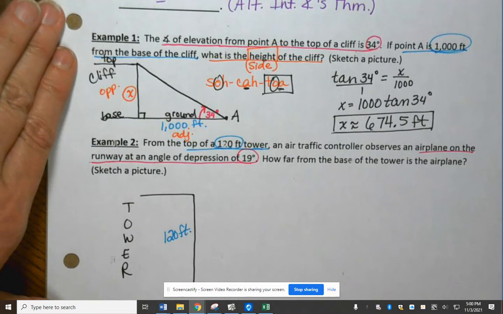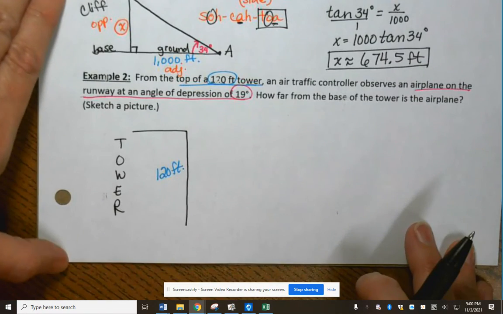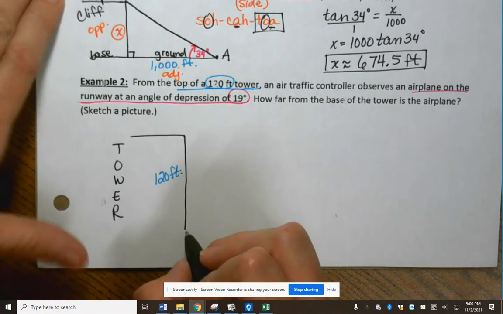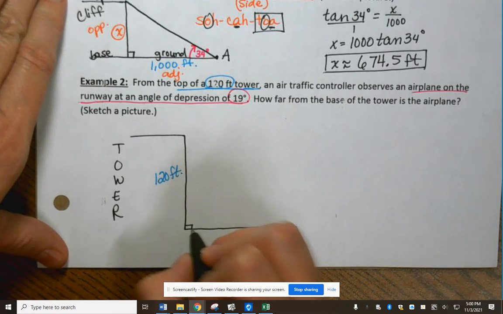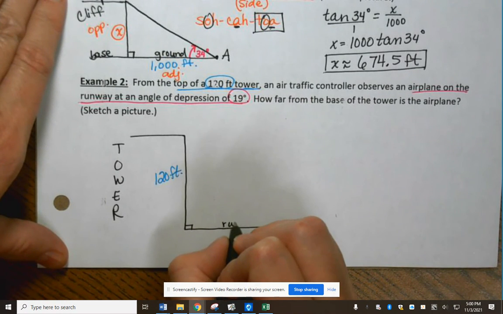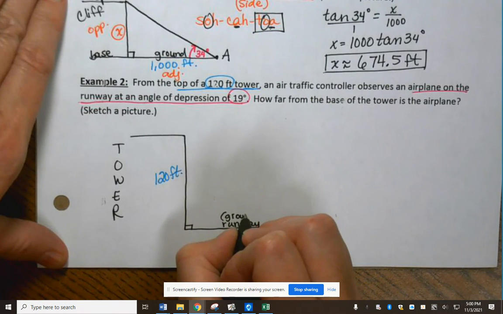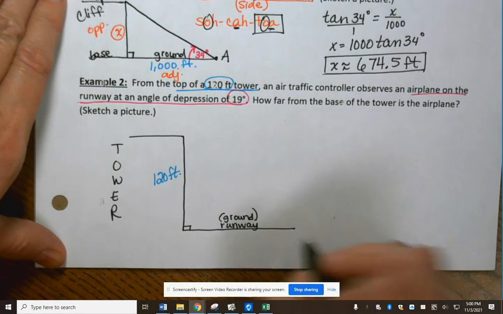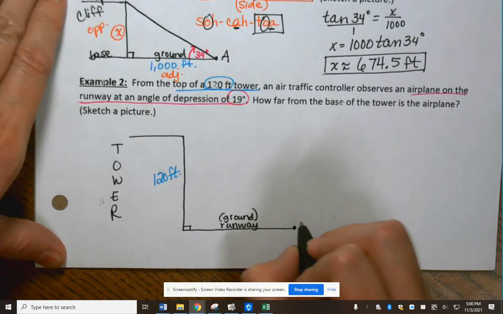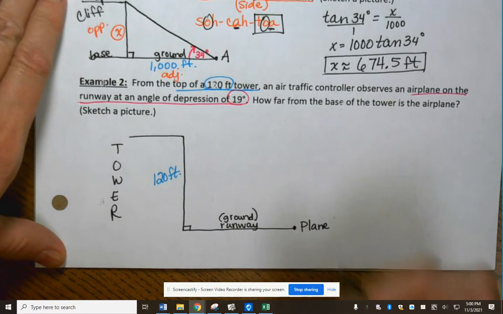So first of all, you've got to pay attention to where the runway is. The runway is always the ground. And I'm not going to draw a plane, I'm just going to write out plane.